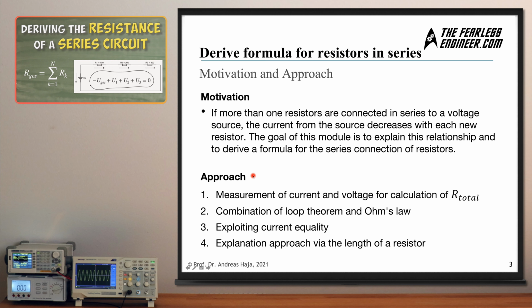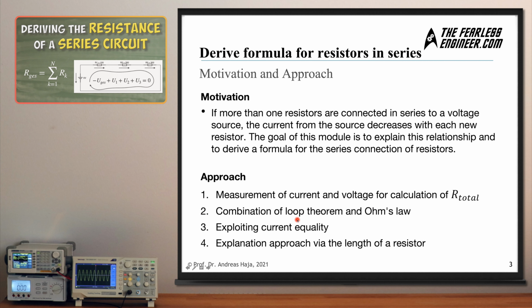Now, the approach consists of 4 steps, which we will look at in this video. First, we are going to conduct a measurement of both current and voltage in order to compute the overall resistance R total. Then secondly, we're going to combine the famous loop theorem, Kirchhoff's second rule, which we talked about in another video, and also Ohm's law.